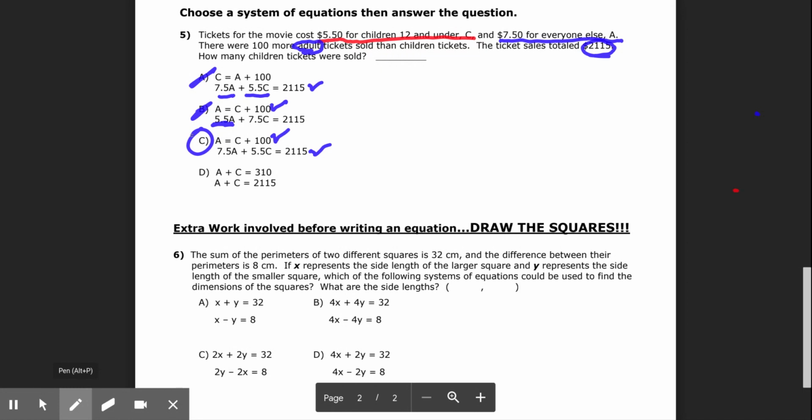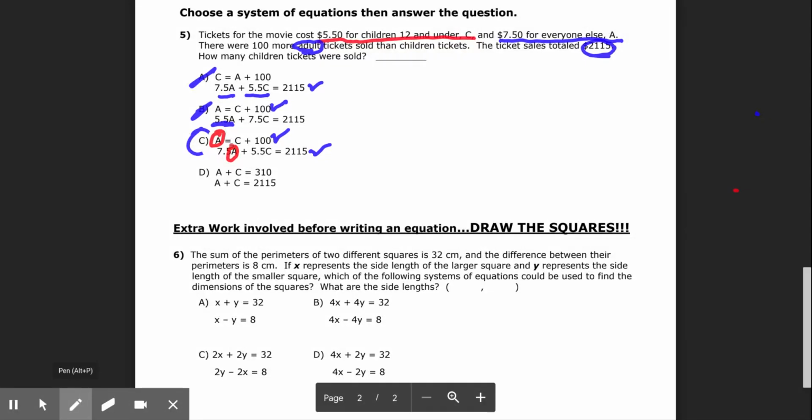Now, since we have an isolated variable, we're going to use the substitution method. Okay, so you see where we've got an A here, and we've got an A there.